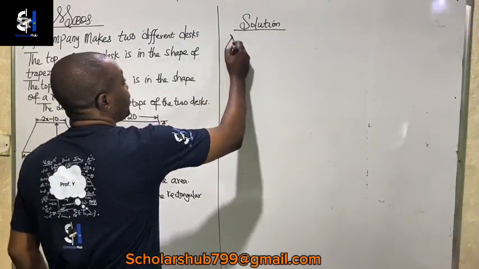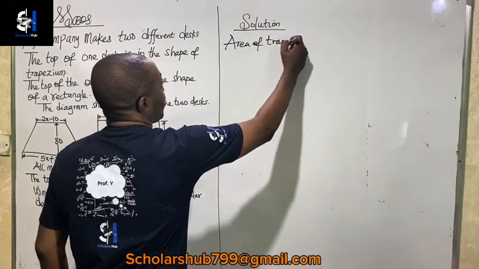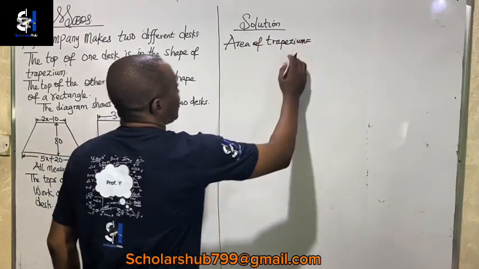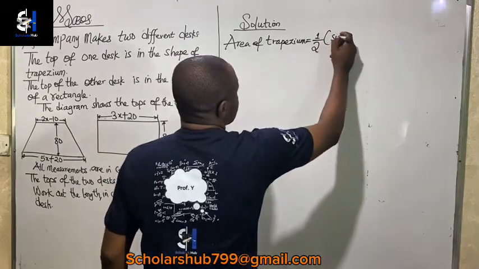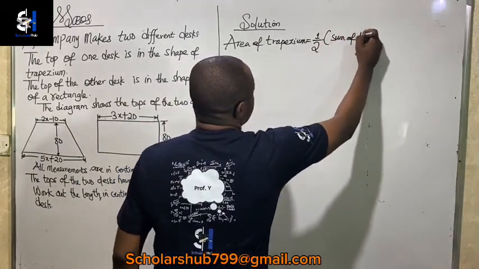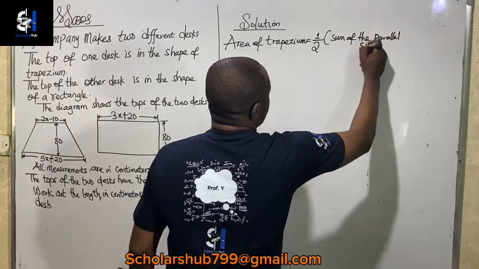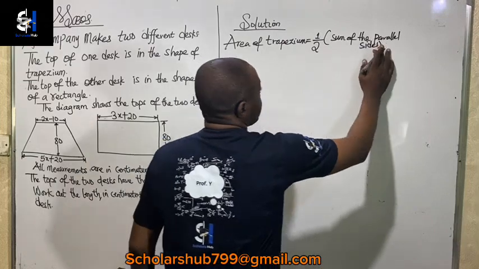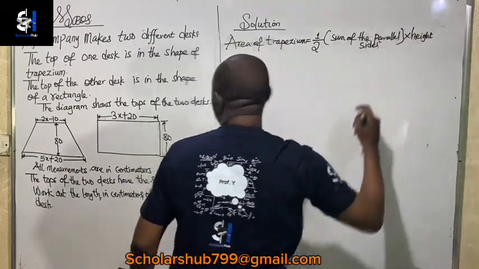Now we know that the area of a trapezium is 1/2 of the sum of the parallel sides, multiplied by the height of the trapezium.